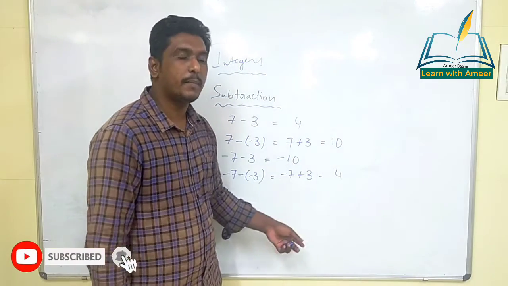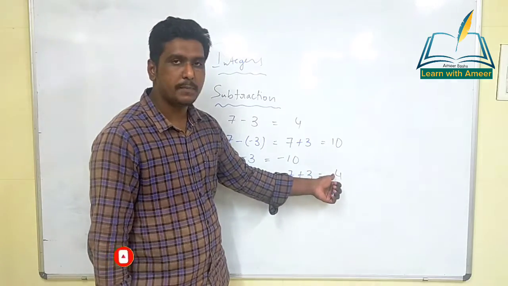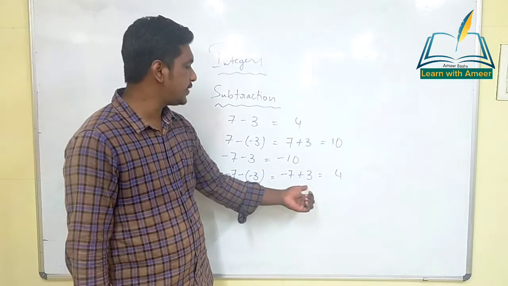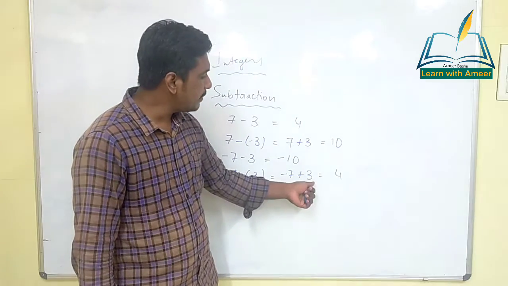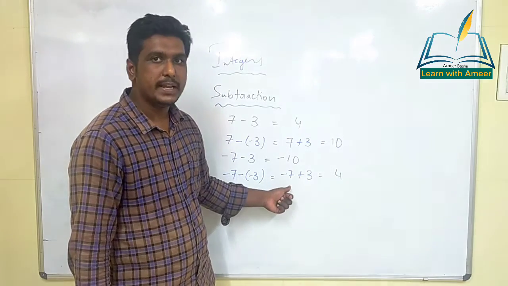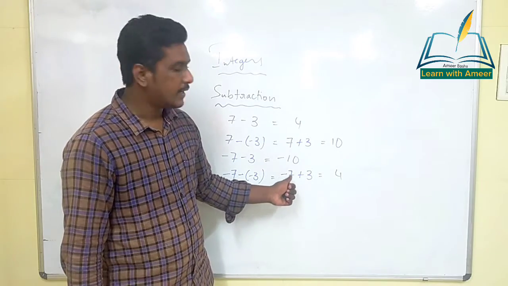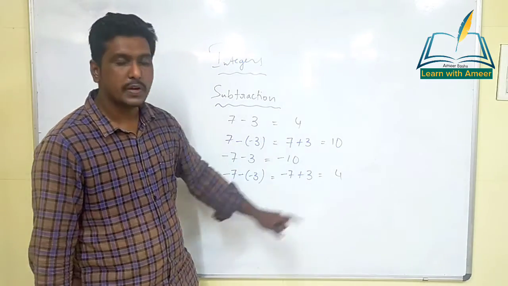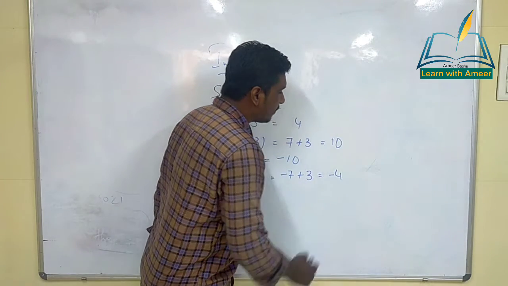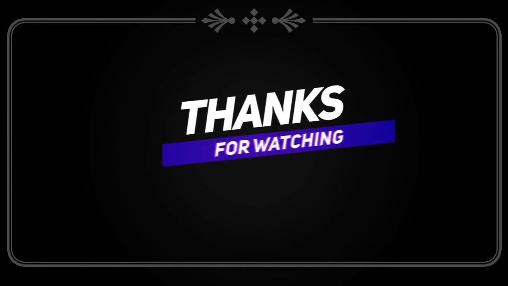Now whenever we have performed subtraction, in order to check what symbol to keep, we have to come back to these two numbers and check which is the bigger number. Obviously 7 is bigger. For that 7, what symbol is there? Minus. So obviously for the answer also, the symbol we have to keep is minus.